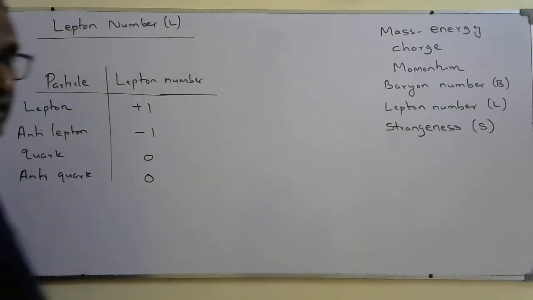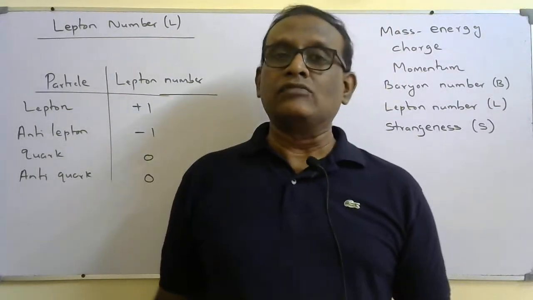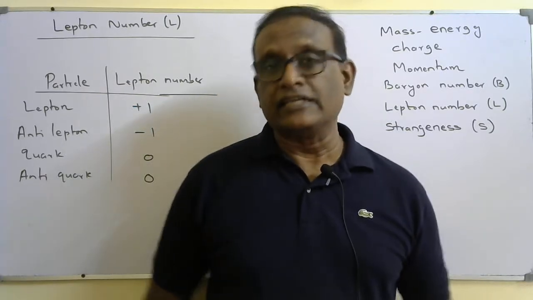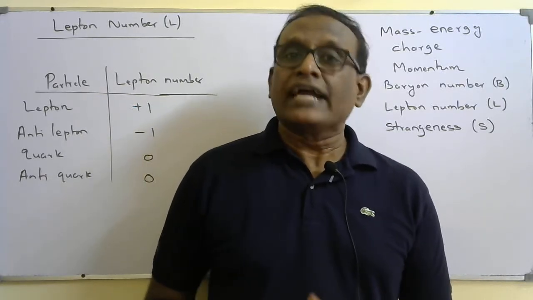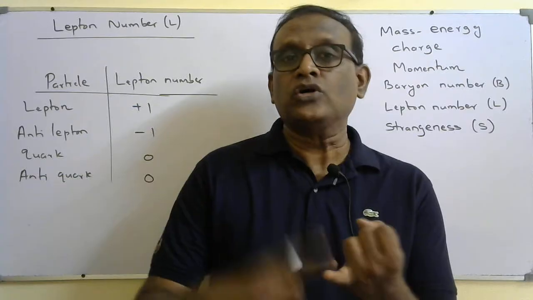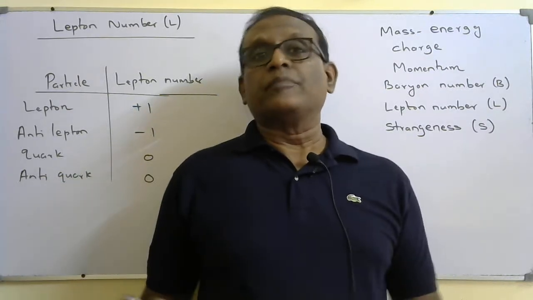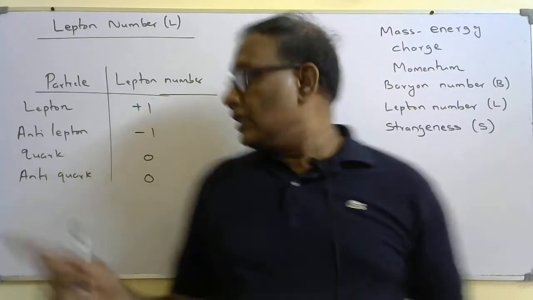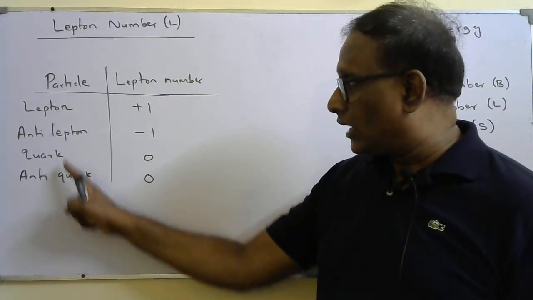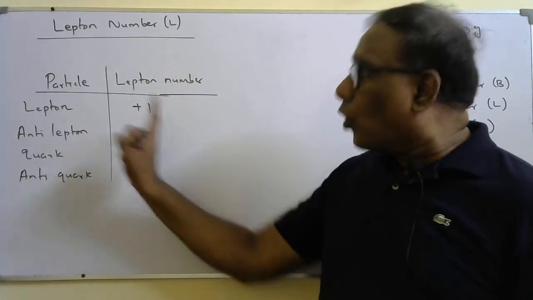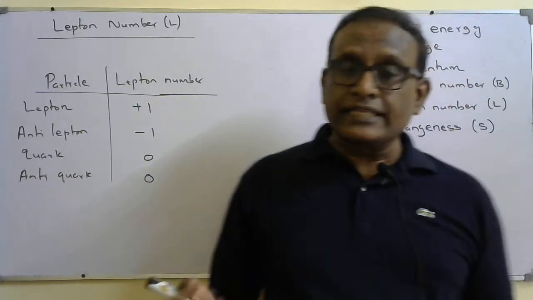Same way, hadron, I already told that a particle which is made of quarks, general name is hadron. For any hadron, it could be a baryon or antibaryon or meson, the lepton number will be equal to 0, because for any quark or antiquark, the lepton number is 0. Only for leptons. What are the leptons?